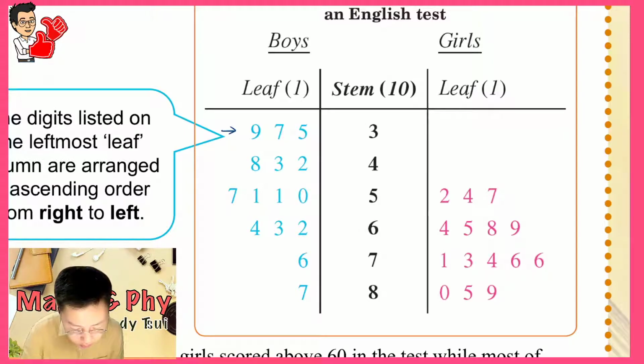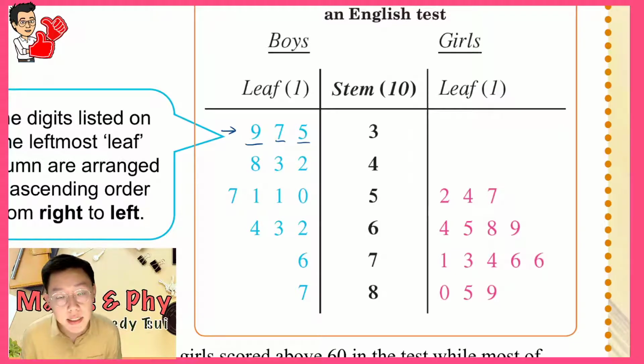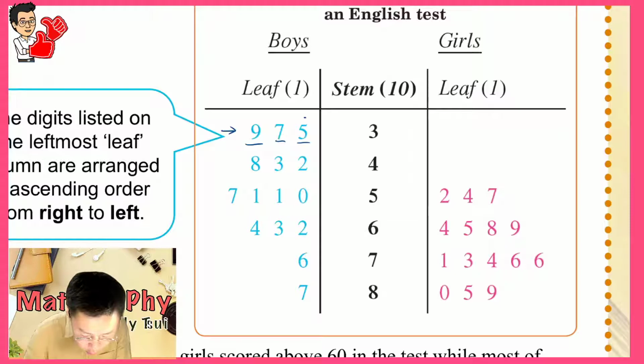You can see this one, 9, 7, and 8. This data is also arranged in order. However, it starts from 5 and then 7 and then 9. It is arranged in ascending order from the right to the left.